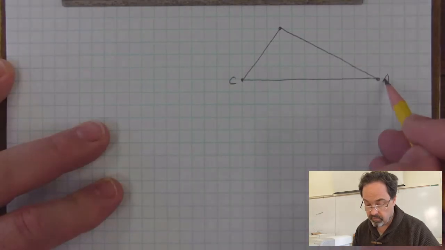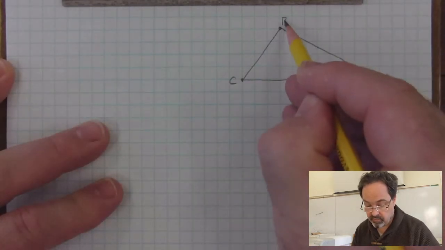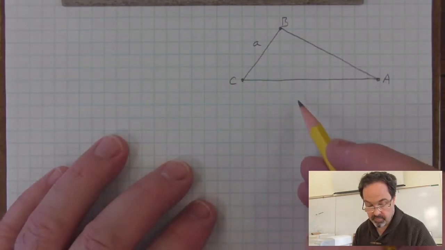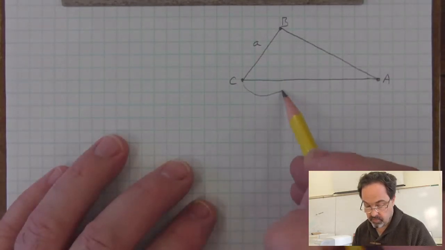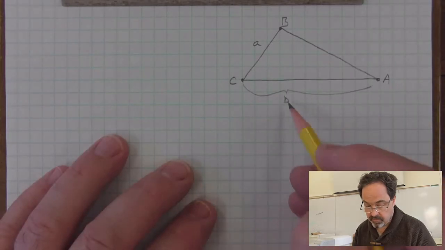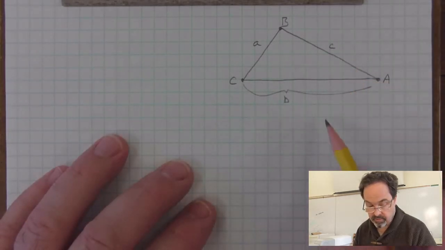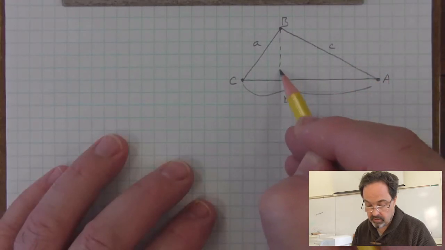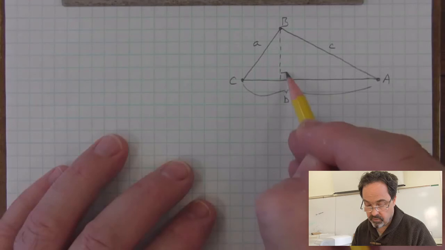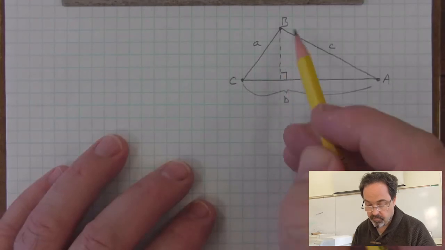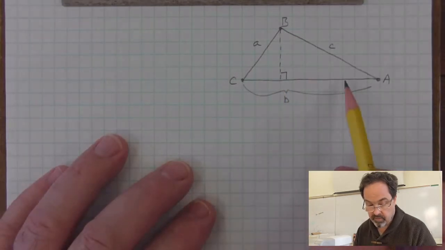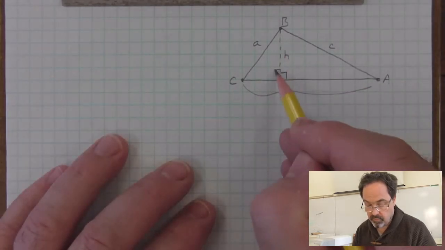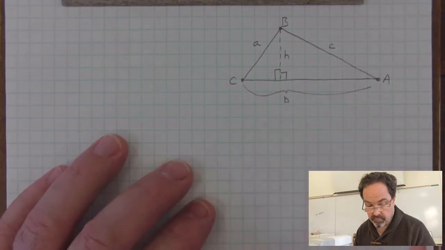I'm going to label the vertices of the triangle A, B, and C. The opposite of angle A is side A, the opposite of angle B is side B, the opposite of C is side C. A line perpendicular inside the triangle from angle B, perpendicular to side B, we'll label as height, which then makes two right triangles inside of the greater triangle.